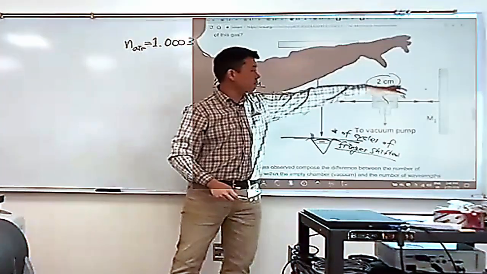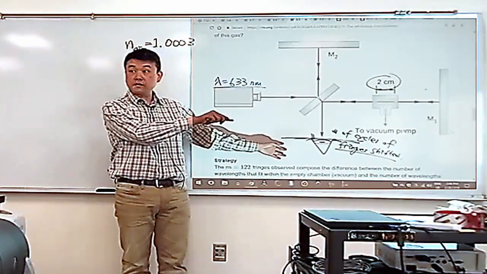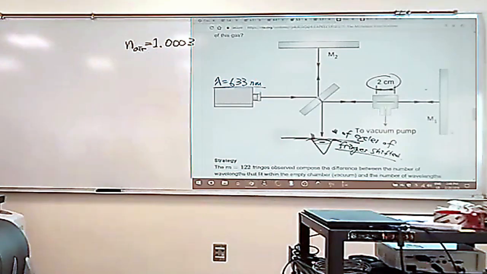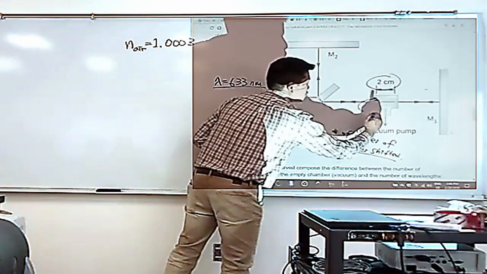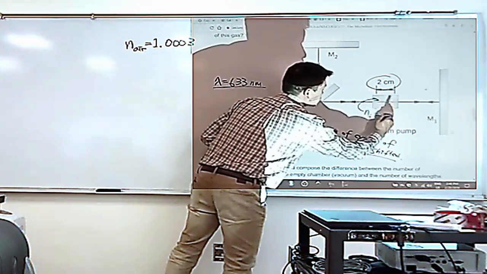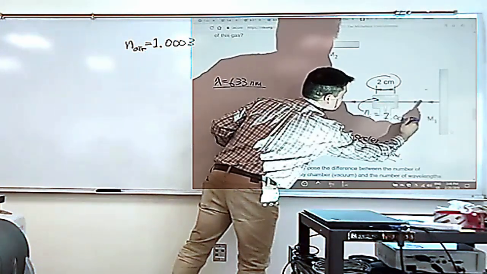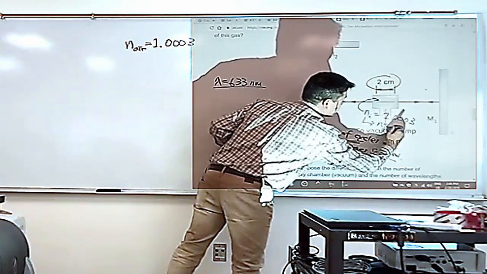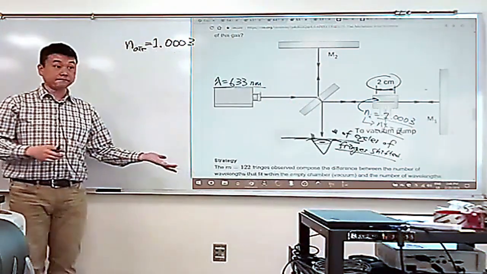So when you initially place this glass chamber, you'll get some kind of interference pattern here, and you are changing just the one thing. You are changing the index of refraction in this chamber. It's going to go from initial index of refraction of this value, 1.0003, to some final value of 1 if we vacuum it out completely.